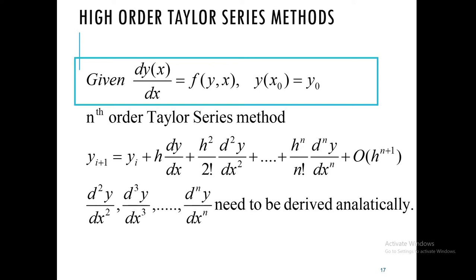So depending on the order given, you truncate the approximation. Assuming it is first order, then everything here becomes error. So you differentiate to the first term. If it's second order, you differentiate to the second term. If it's third order, you differentiate to the third. So you differentiate to the number of terms given.